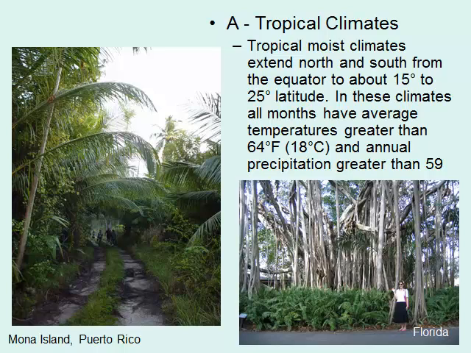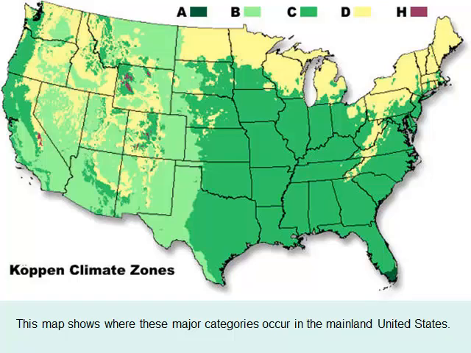These climates have average temperatures greater than 64 degrees for the entire year, and annual precipitation of over 59, I believe that's inches of rain. So, warm, wet climate. And if I flip back here, you can see that zone exists down in the tip of Florida.